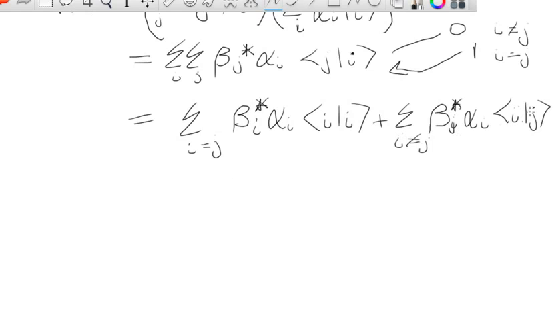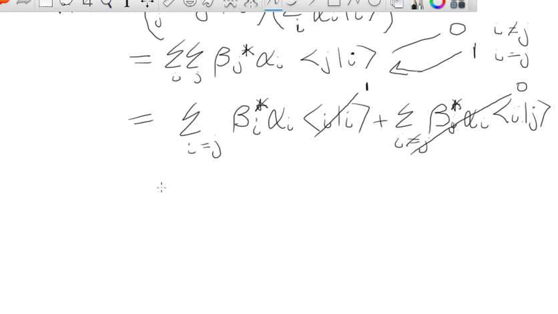Now, what happens in these times here? We can actually get rid of this completely, because when i does not equal j, we can remove that. So let's get rid of this whole term here. This goes to 0. We know from what we discussed in the last lecture, when these two are the same, this is equal to 1.